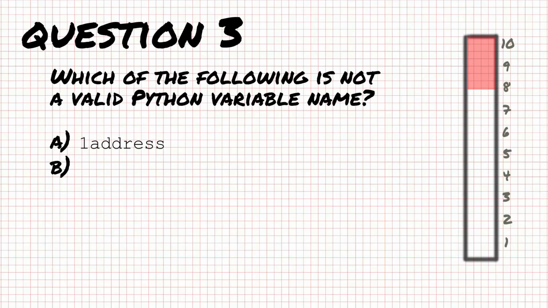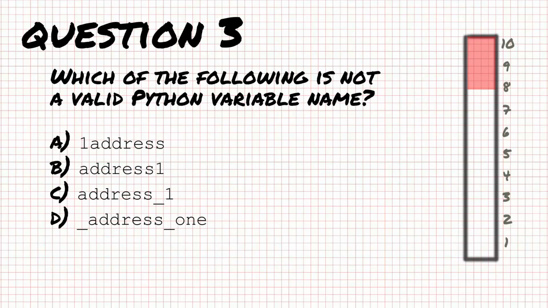Question 3. Which of the following is not a valid Python variable name? Is it A, 1address, where 1 is a digit, B, address1, again, where 1 is a digit, C, address_1, where 1 is a digit, or D, _address_1, where 1 is made up of letters?